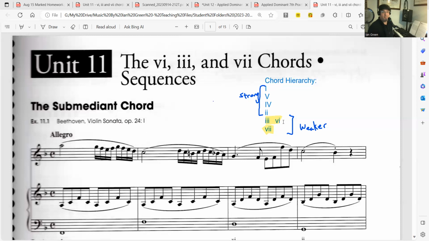Now the same thing can be said about the 6 chord. The 6 chord would be starting on the 6th note of the scale.